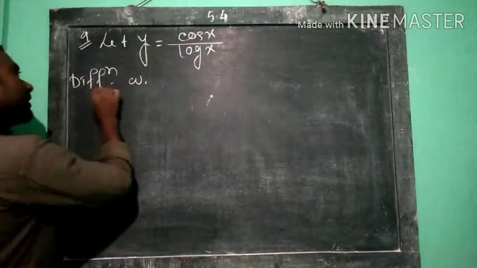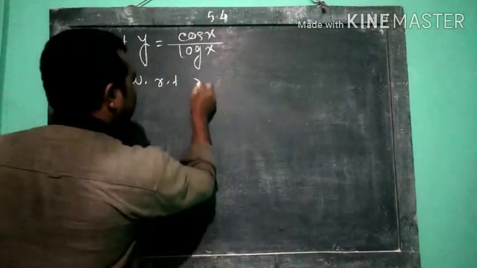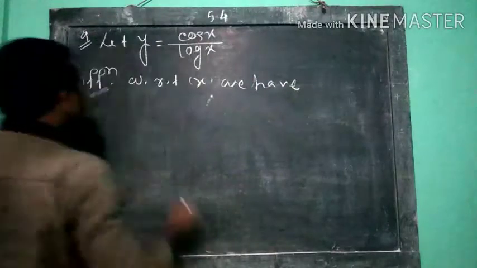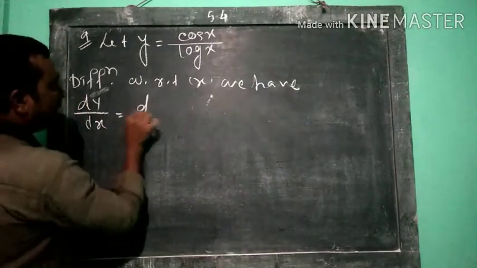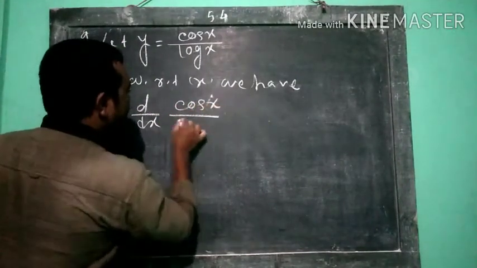we have dy/dx equal to d/dx of cos x by log x.